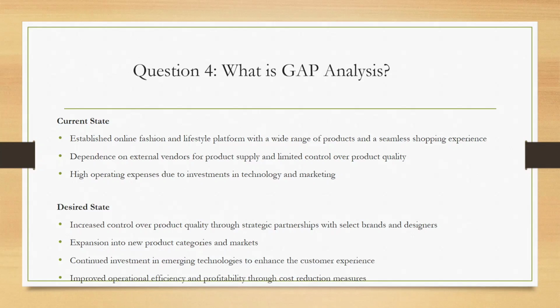We have established an online platform, but we don't have that much of a shopping experience for the customer. We are keeping the products and inserting all these things, but here we need to overcome all these issues. For example, the current state is payments.